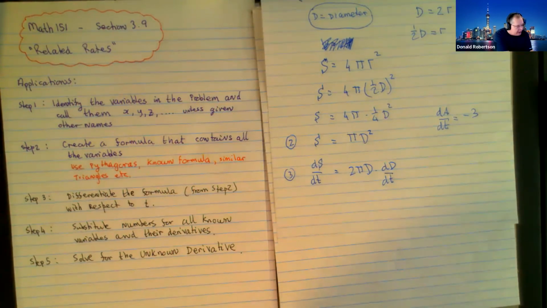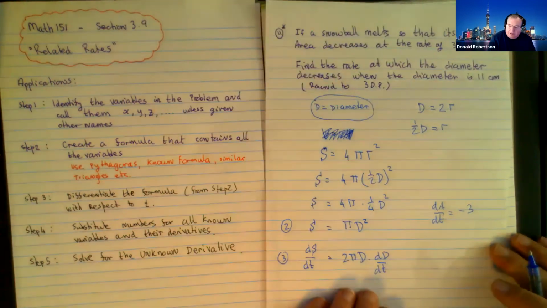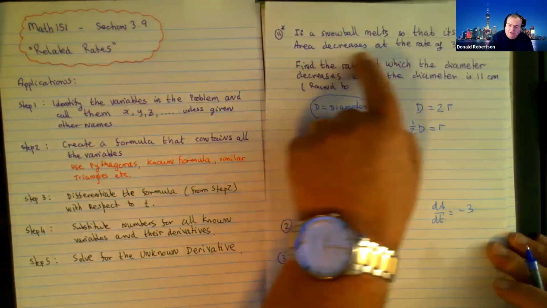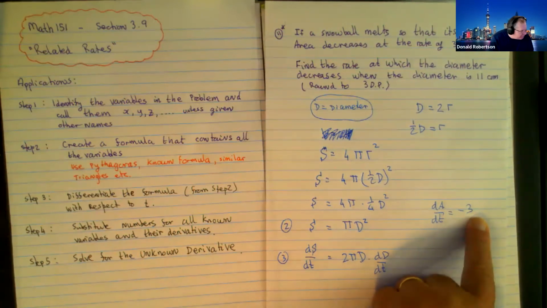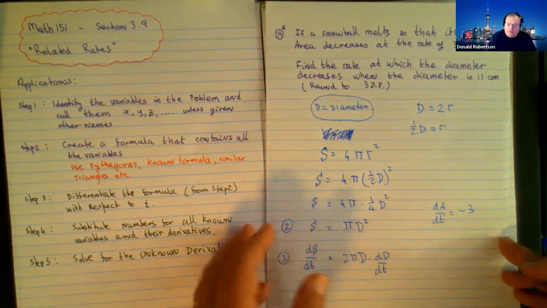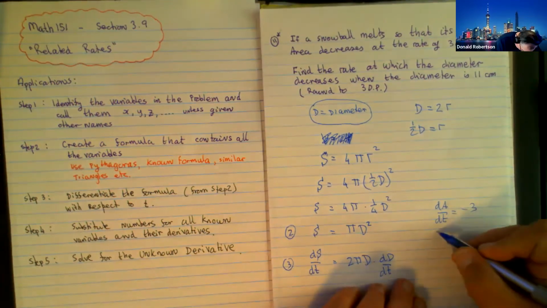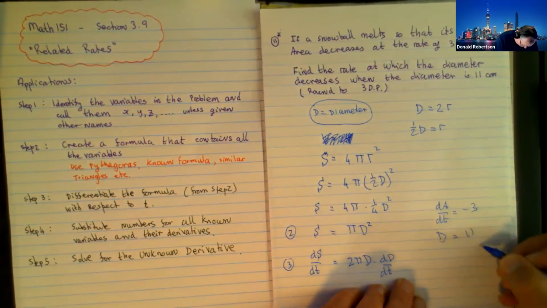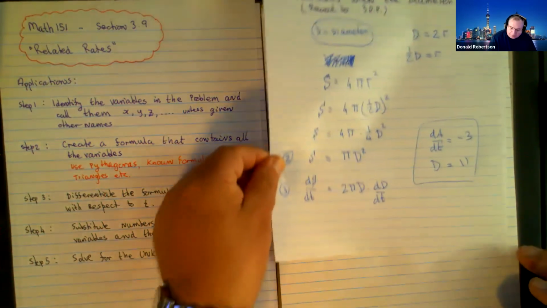Now, notice I'm writing -3, even although there was no negatives anywhere. But decreasing at the rate of 3 means, yeah, it's easy just to see the 3 and not pay attention, right? -3. And what else do I know? The diameter is 11 centimeters. Right, so basically I should be able to solve the problem then.